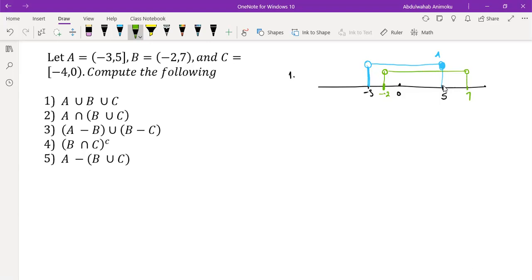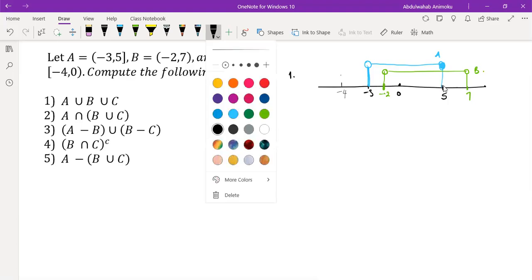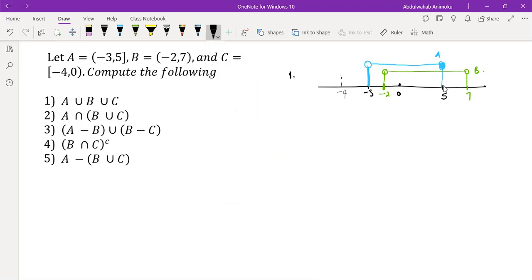So this is what we have for B. And finally, set C is between -4 and 0. So here's -4. As you can see, -4 is included in the set, but 0 is not. So this is C.